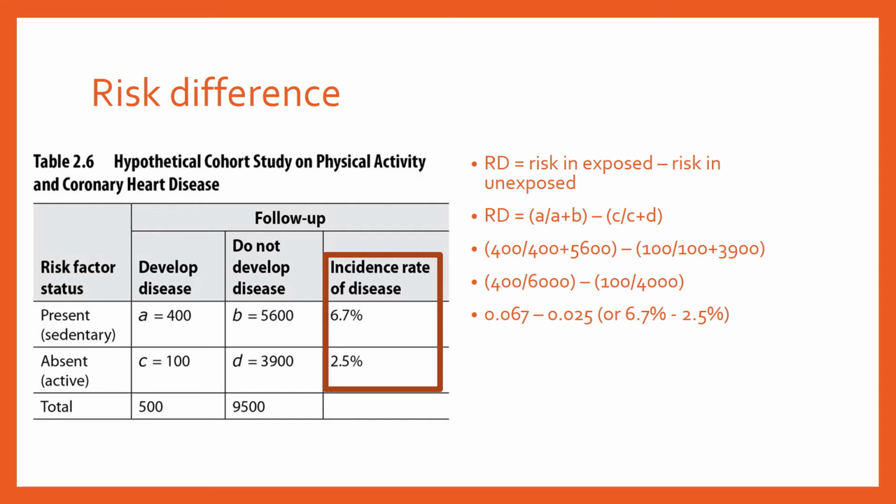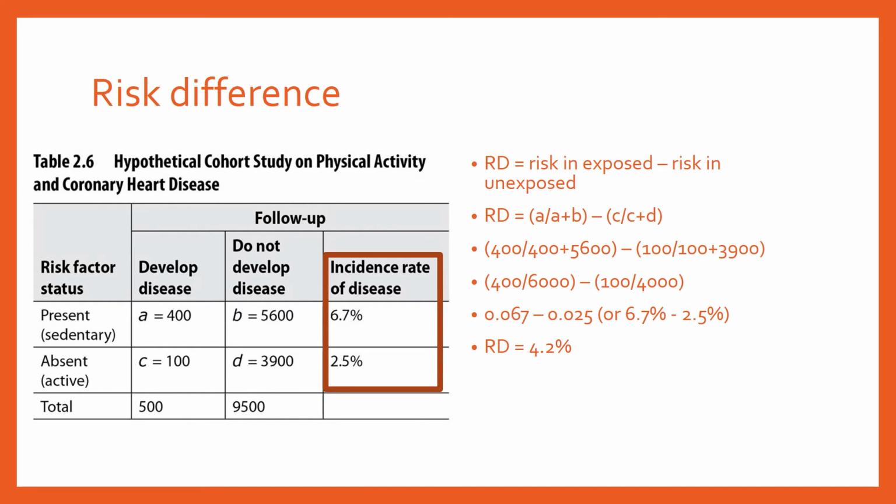So it's basically just the difference in the incidence rates. It's a lot of math to get you to this point of taking 6.7, the incidence rate in the sedentary people, minus the incidence rate in the active people. I know that looks like a complicated bunch of math and the formula is a little confusing, but really it's just a difference in 2 incidence rates.